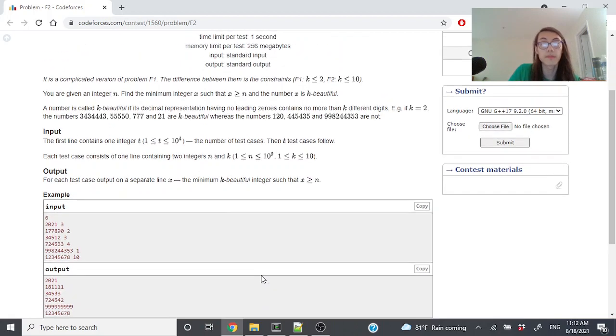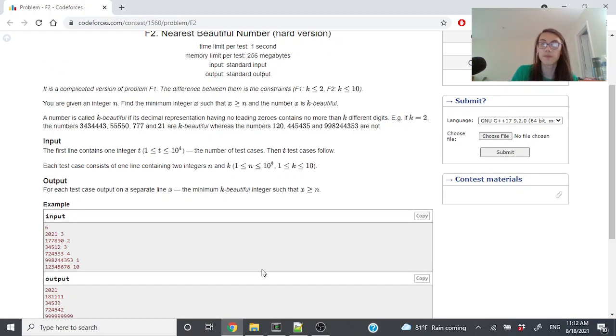Wait, can we even do that? This is slightly annoying, at least the way I'm thinking about it. I feel like I'm missing something.